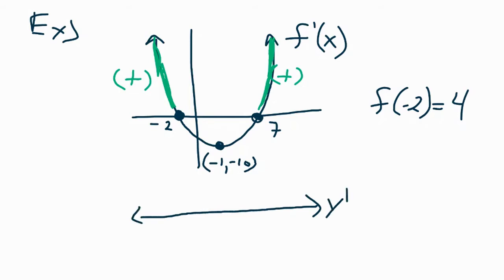And it doesn't hurt to kind of go back to the number line and understand that the x-intercepts of this graph are going to be the critical points of our number line, because that's the place where we see the positive slope occurring to the left of -2 and the positive slope occurring to the right of 7.